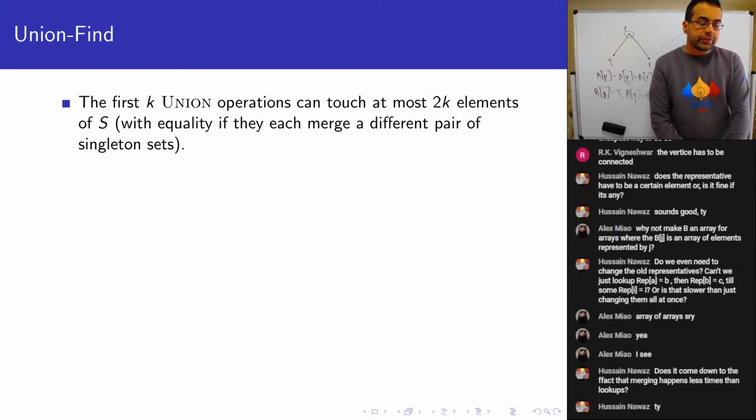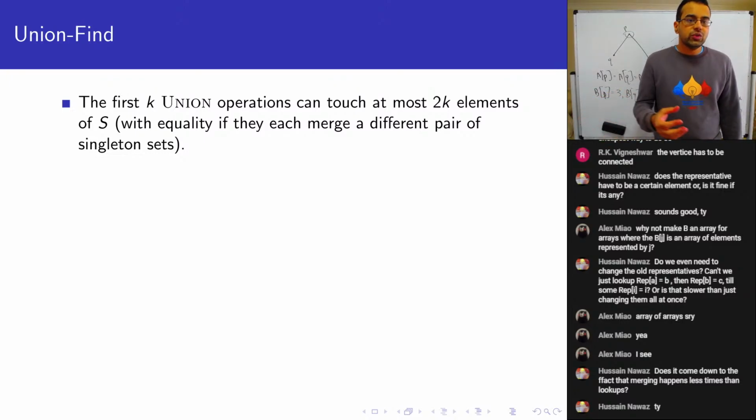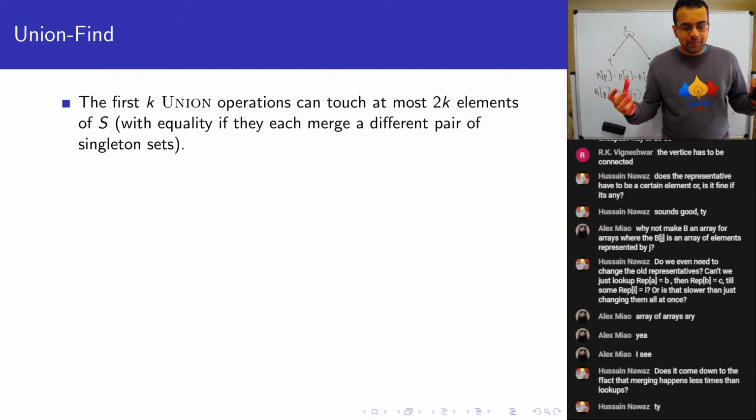So remember we talked earlier about the total time taken by the first k union operations. I claim that those first k union operations can involve at most 2k many different elements of S. If you take k pairs of singleton sets, then that makes 2k many things. The only alternative is to reuse some elements, right? If you merge together two things and then you use that pair merged together with something else, you're not even touching any new elements.